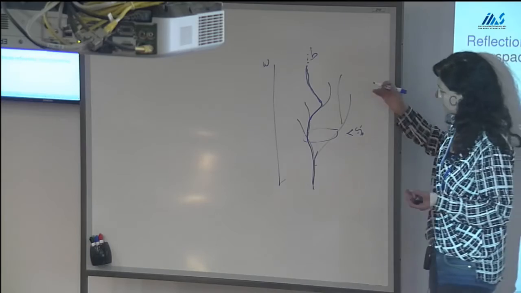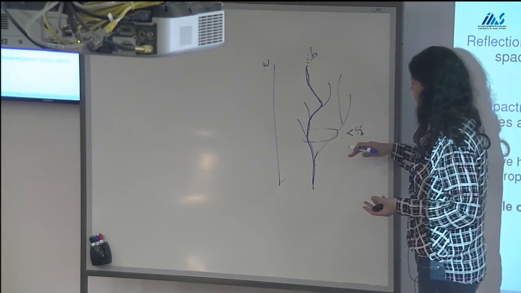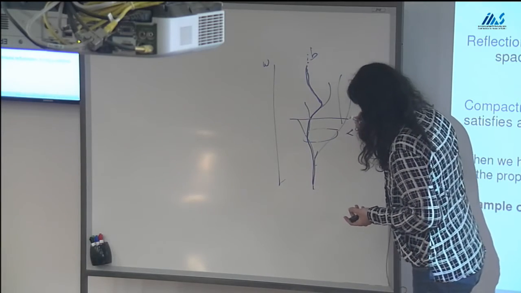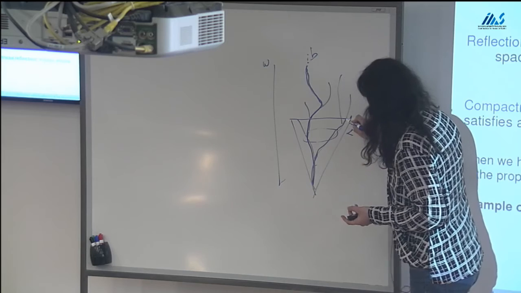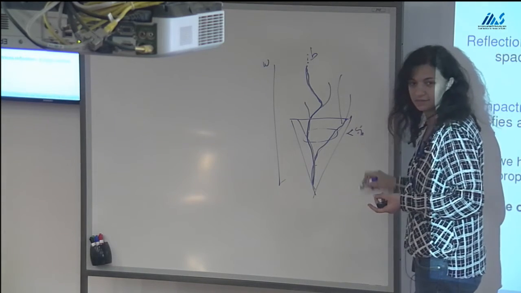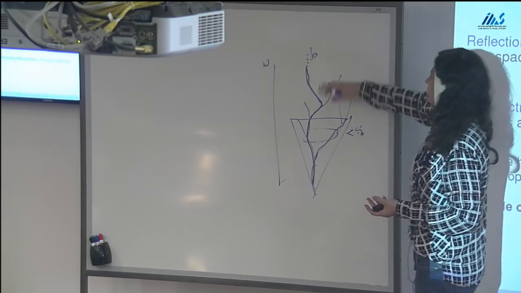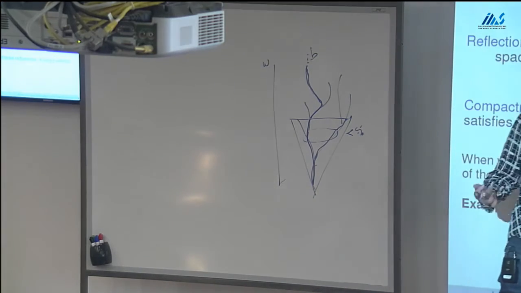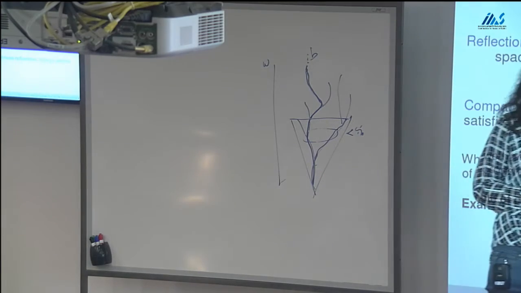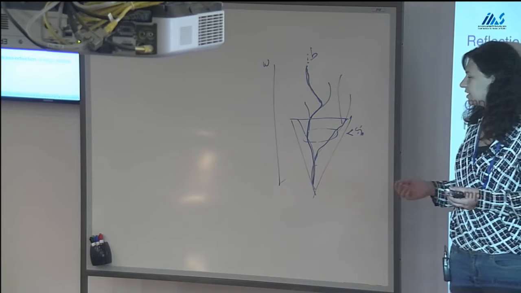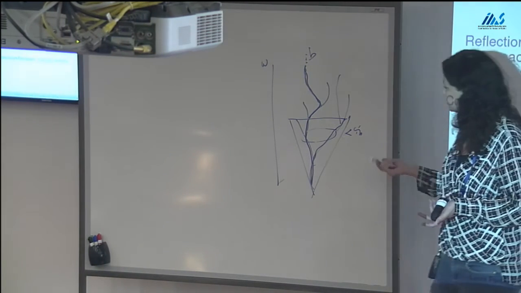For every finite subtree of this tree, you can always find a cofinal branch through the small tree, and so by compactness, you can find a branch which is cofinal to the whole tree, and this would be an infinite branch.